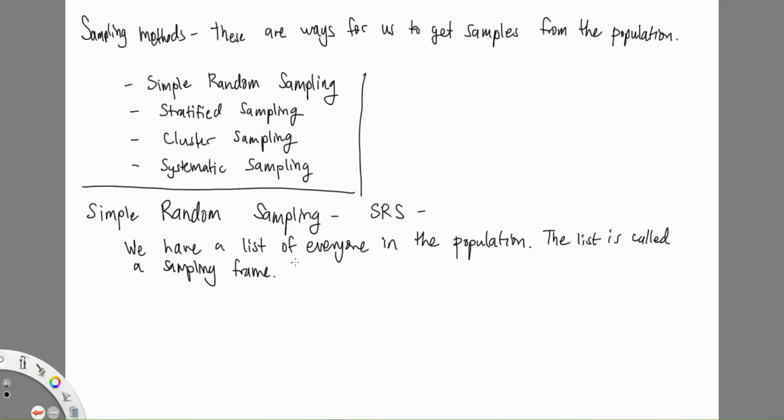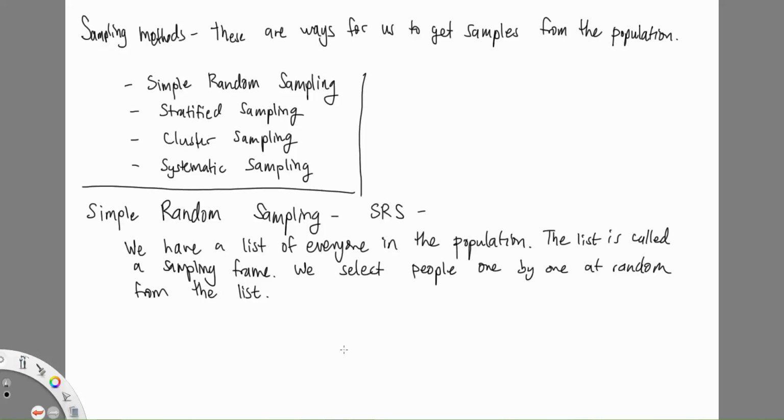And we select people one by one at random from the sampling frame, or from this list. And that's simple random sampling.